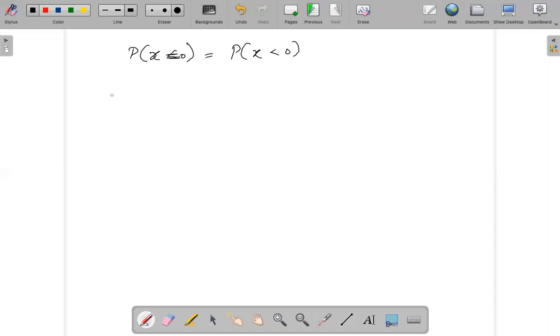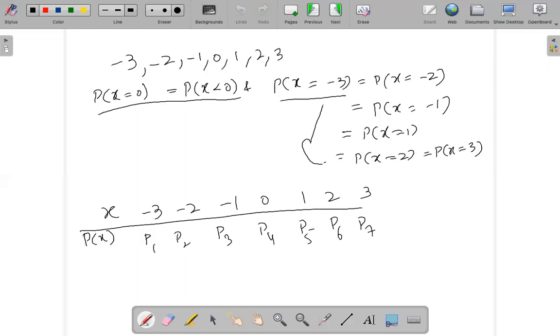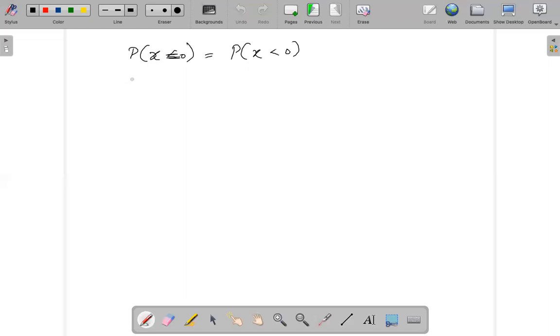That means P of x is equal to 0. Now if you look at this table, for x equal to 0 we have p4. So let us put that as p4, and these will be p3, p2, p1. Label this as the first equation.